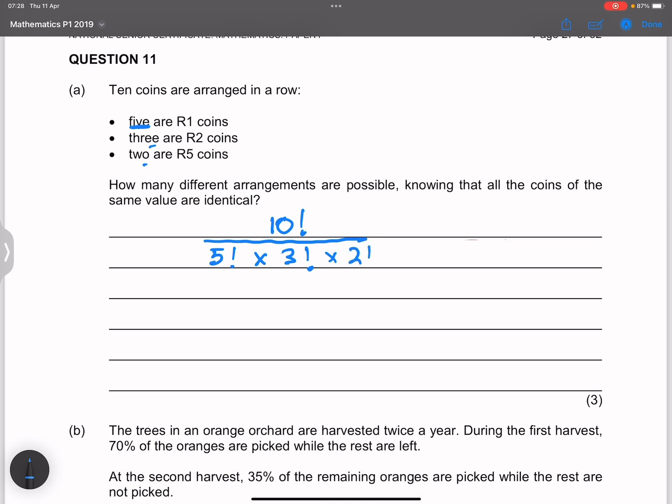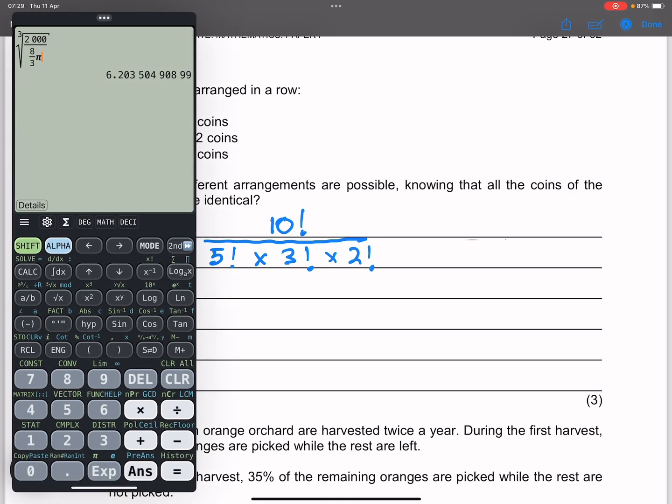So we're going to say 10 factorial divided by 5 factorial times 3 factorial times 2 factorial.